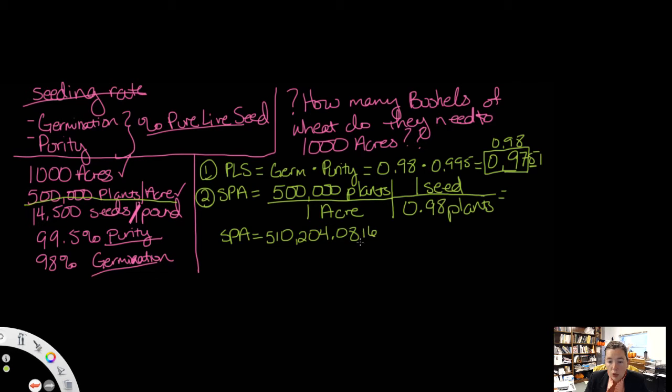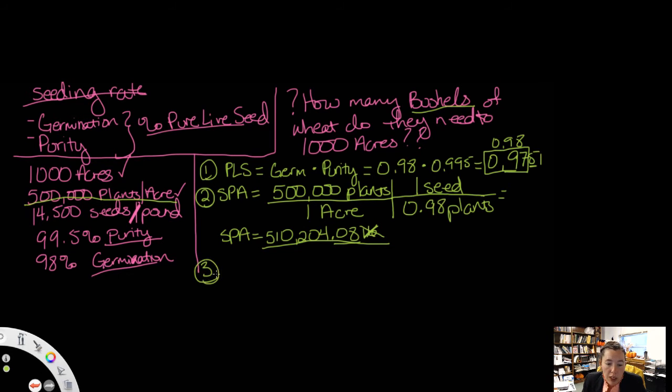So we're going to stop here with 2 decimal places. We don't round because that is 1 right next to the 8. So this is our seeds per acre that we'll now use to figure out how many bushels we're actually going to buy of our wheat.